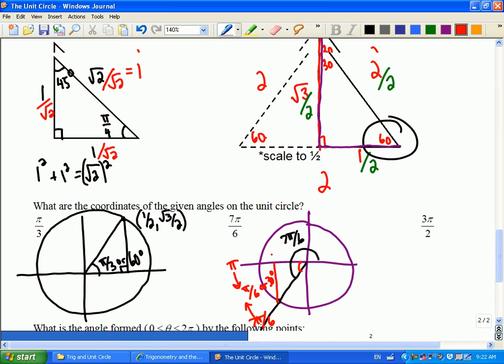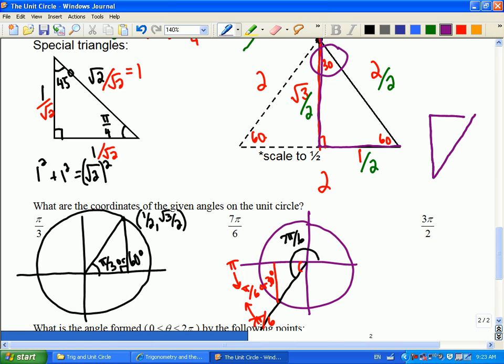So we go to our special triangles then, and we say 30 degrees, where are you? Here is 30 degrees. And in this case, when I move over, I guess I can draw it upside down to help you make sense of it. Okay, so here's 1, and then 30's up here now.